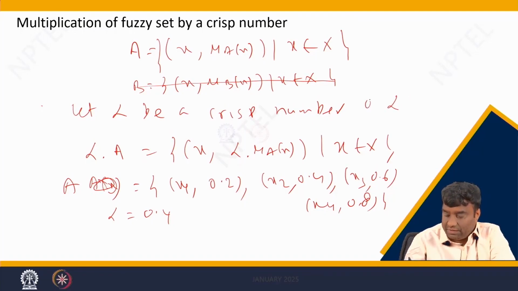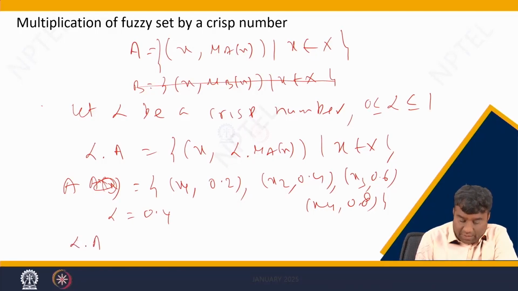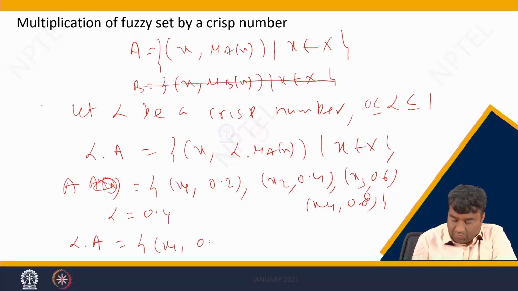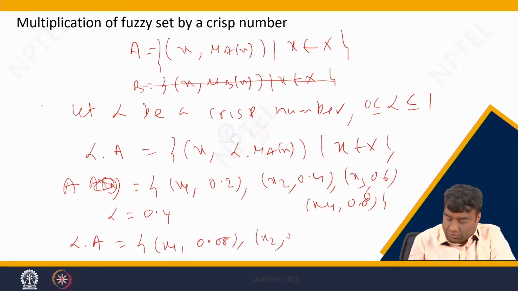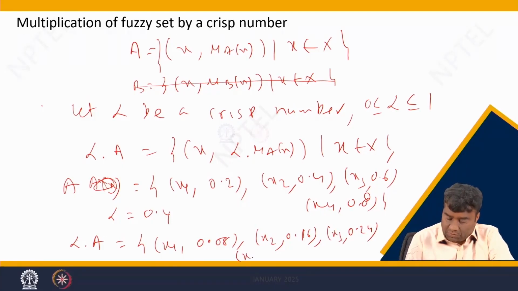So here we can write alpha into A, which is equal to x1 0.08, x2 0.16, x3 0.24 and x4 0.32.